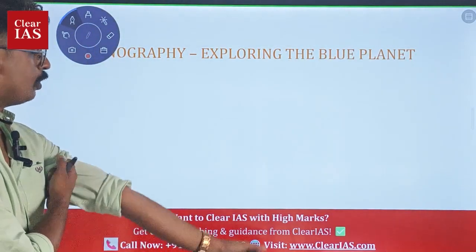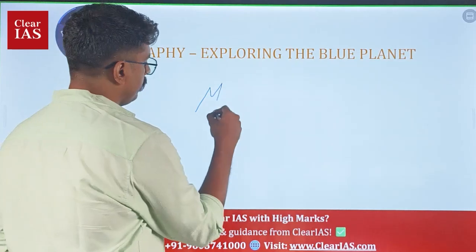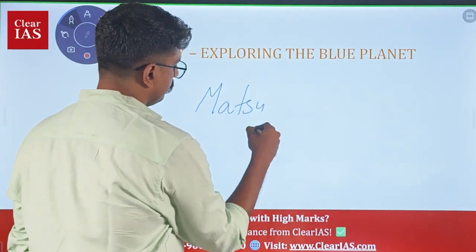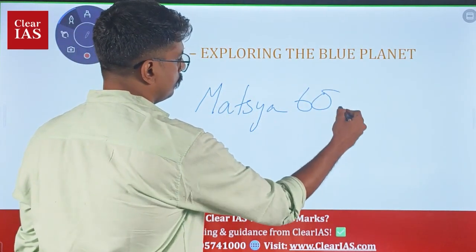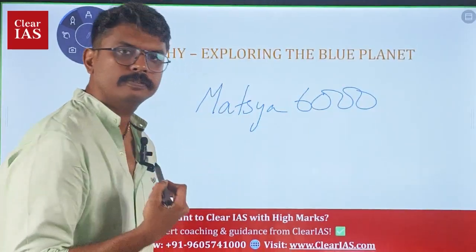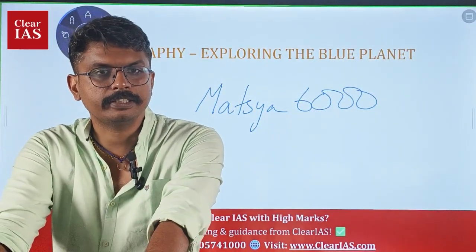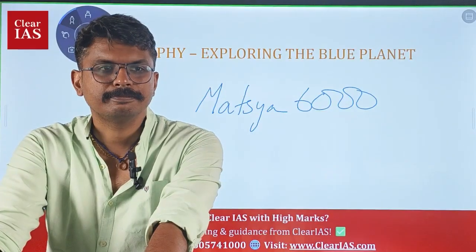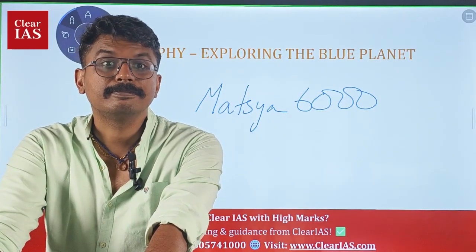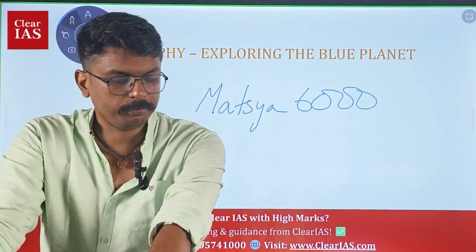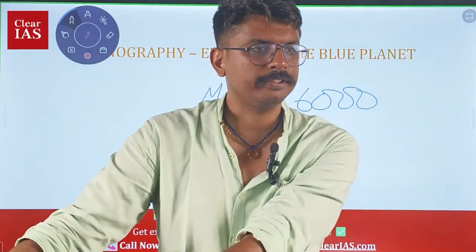So, oceanography, exploring the blue planet. You would have surely come across a word. Did you ever come across this word, Matsya 6000? No problem if you make mistakes. It's all about being confident.